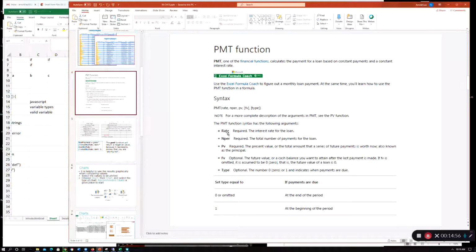You need the rate, and you have the number of periods, and the present value, which is basically how much you're going to borrow. And future value is optional, and I'm not sure how many times I've ever really used that one. It's set to 0 because it's assuming you're going to pay for the whole loan.